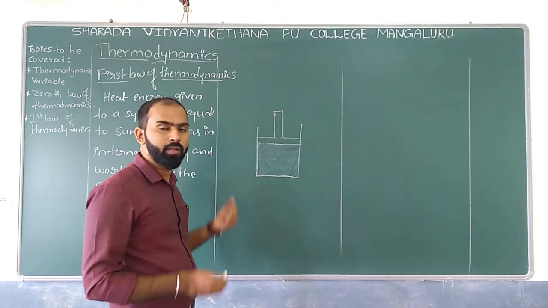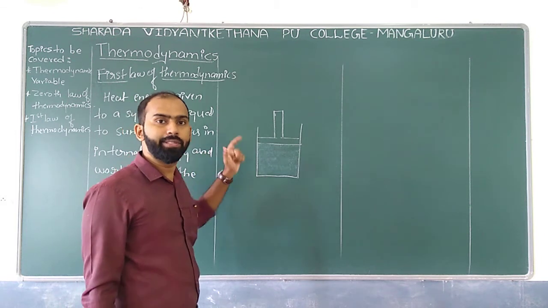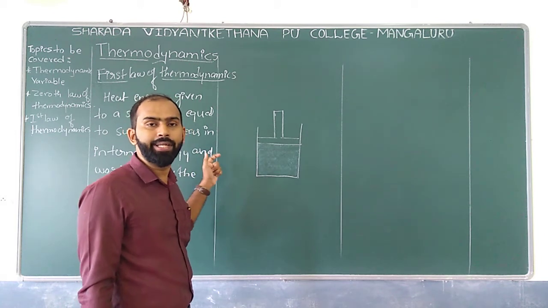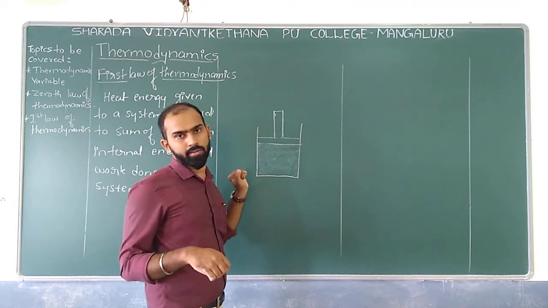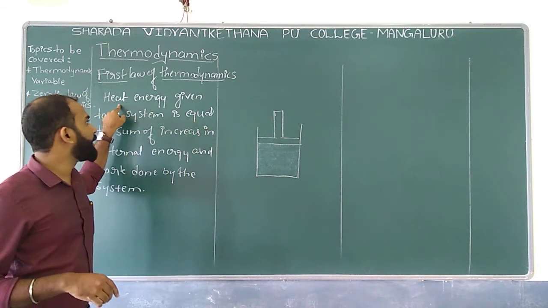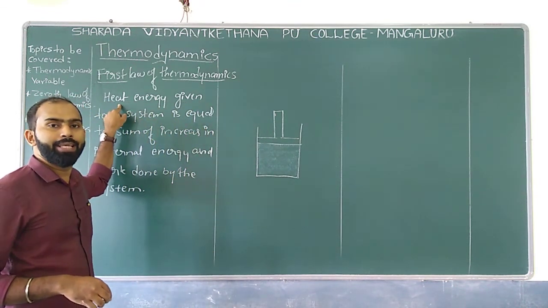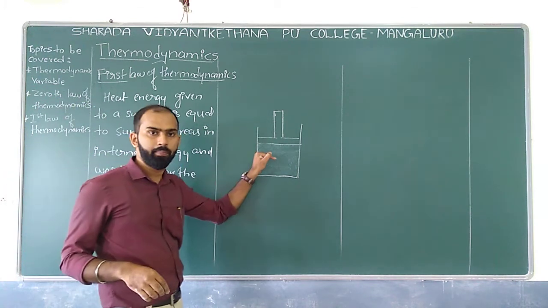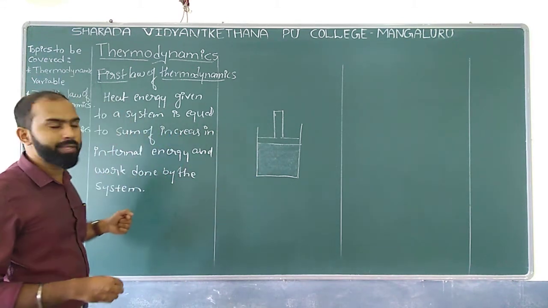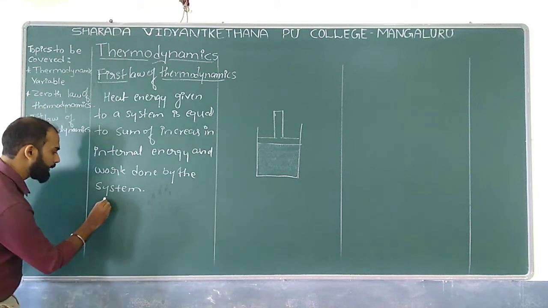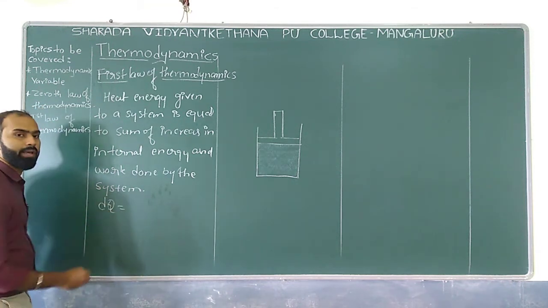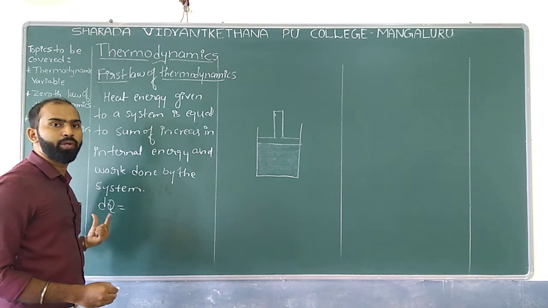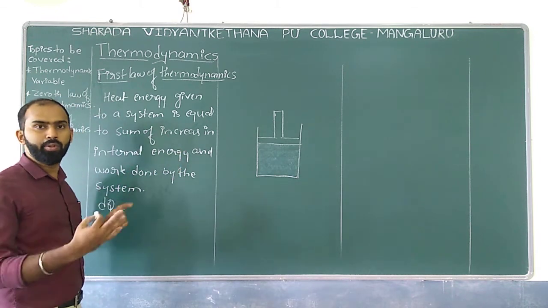Okay. Now you have applied heat. What have you applied? Heat energy to the inside of the system. Obviously, whenever heat energy is supplied to a system, dQ, I can say, is the heat energy supplied to a system, which can be utilized in two ways.